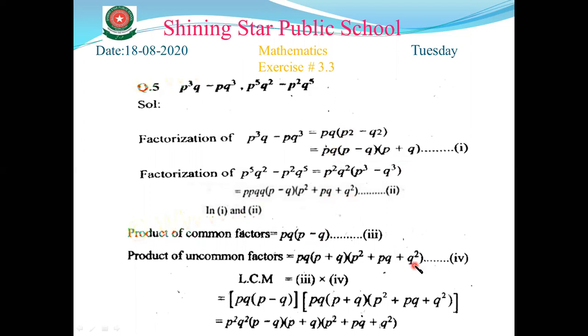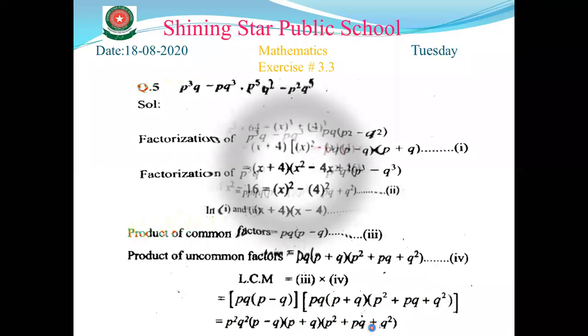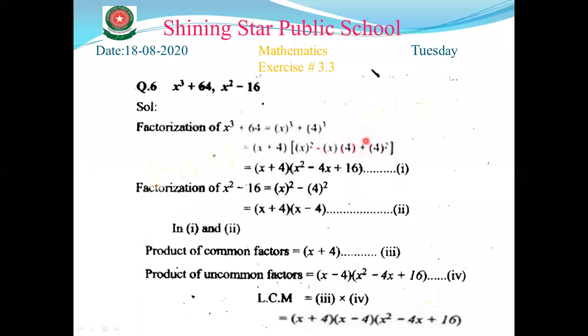Now, for LCM, we multiply common factor with uncommon factor. Means pq multiply p minus q multiply with this complete expression. So, when we multiply p multiply p, p square, q multiply q, q square, p minus q multiply p plus q, p square plus pq plus q square. This is your LCM. Very simple.